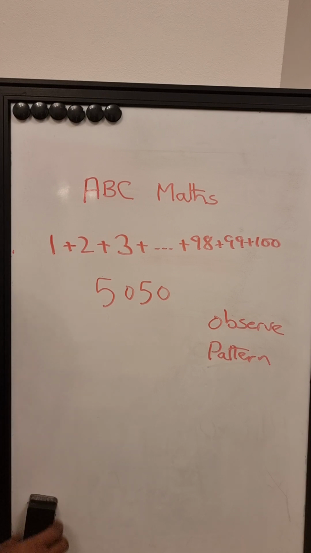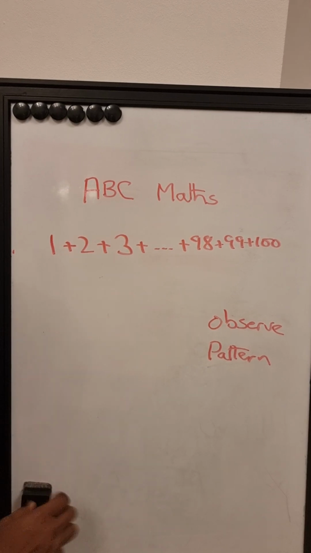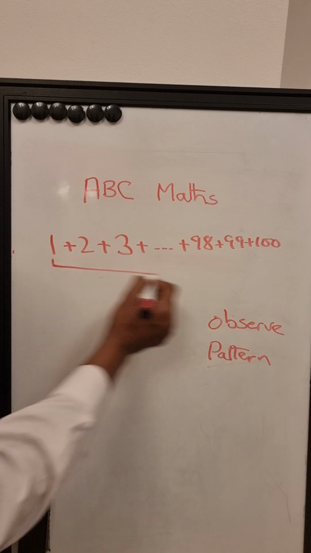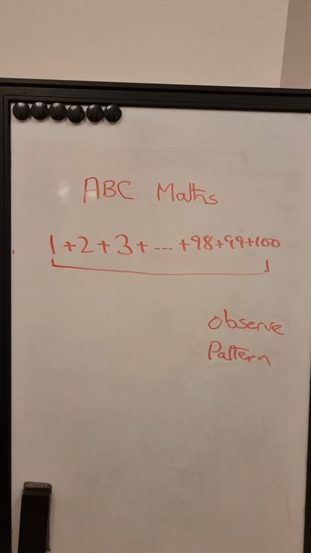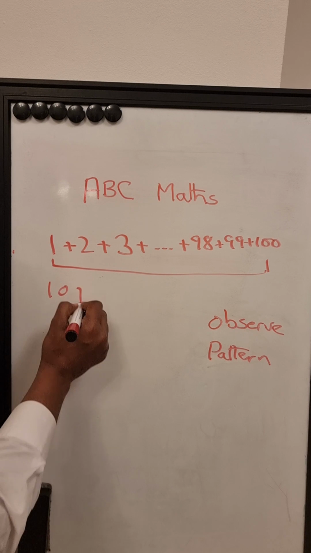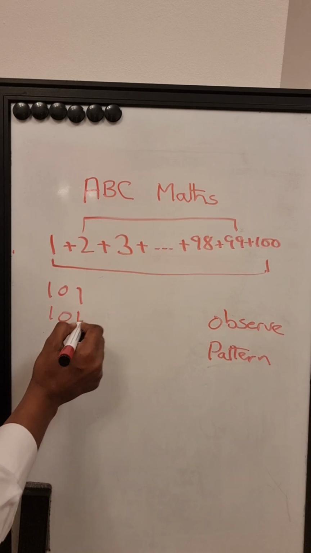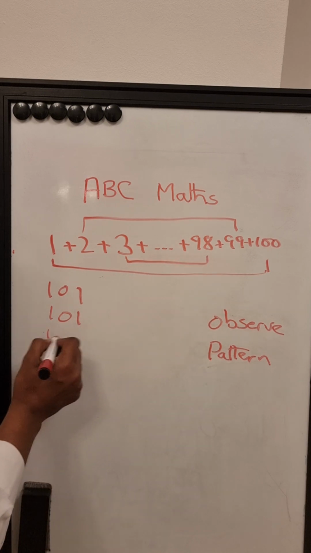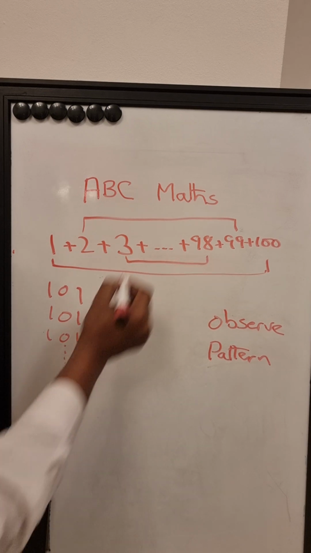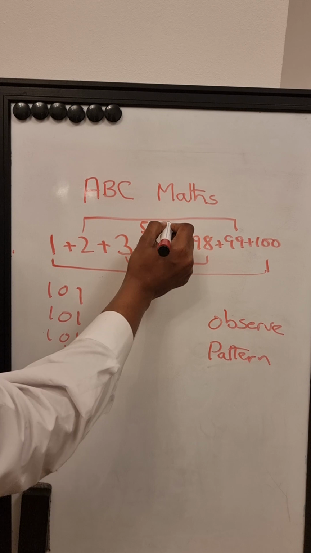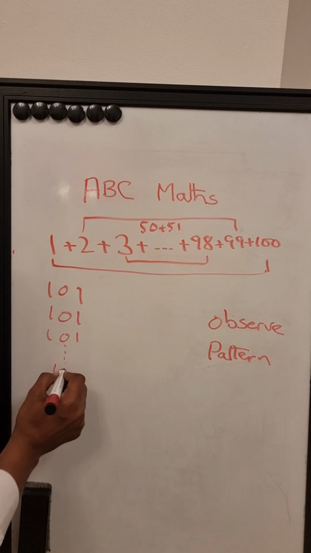So what's the pattern that he found? He said, I've noticed that 1 plus 100 is 101. 2 plus 99 is 101. 3 plus 98 is 101. And all the way up to 50 plus 51 is 101.